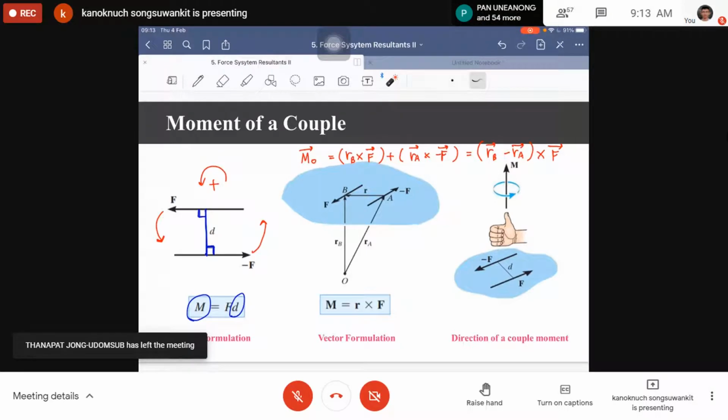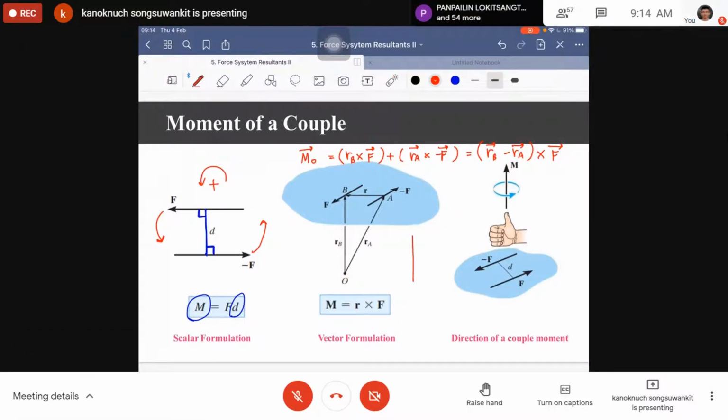Let's see this triangle construction. RB is the same as the resultant vector from RA plus R, by using the head to tail method.